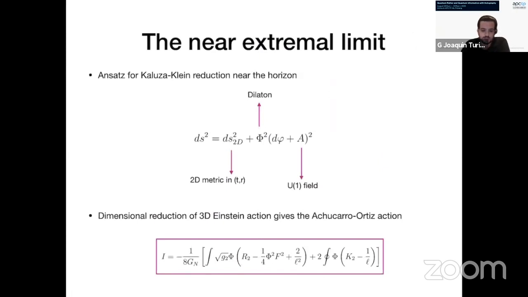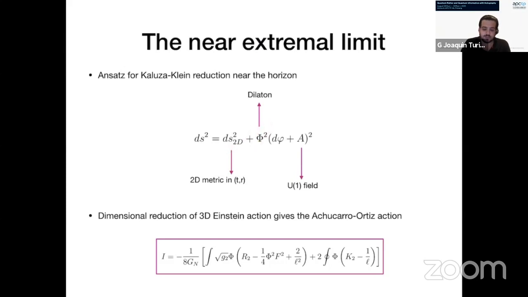So to write the action, we will do a Kaluza-Klein reduction in the throat, and this is the ansatz that we will use. These are the modes in the metric that will become massless at low temperatures. This is the 2D metric in the t, r coordinates.